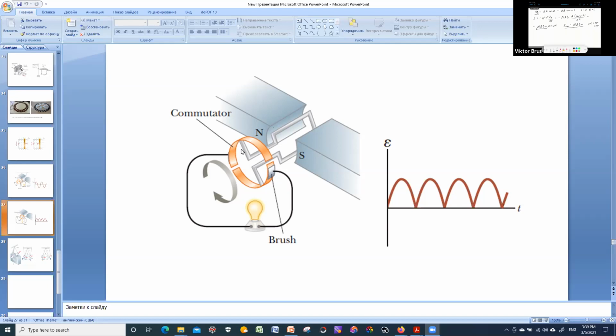And in this case, when we change the polarity of, for instance, the induced electromotive force, we also change the sides of this commutator which are connected to positive or negative terminals in a given half period of time.